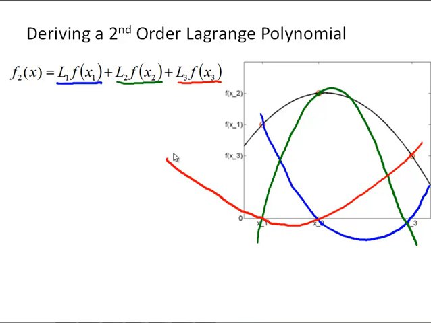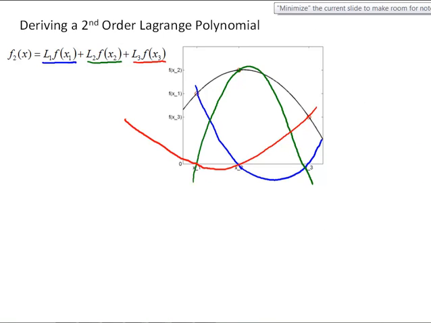So let's use a similar approach to what we did before to calculate what these weighting functions would look like for those three parabolas. So for L1, it's equal to 0 at x2 and x3. So in our numerator, we're going to have x minus x2 times x minus x3.